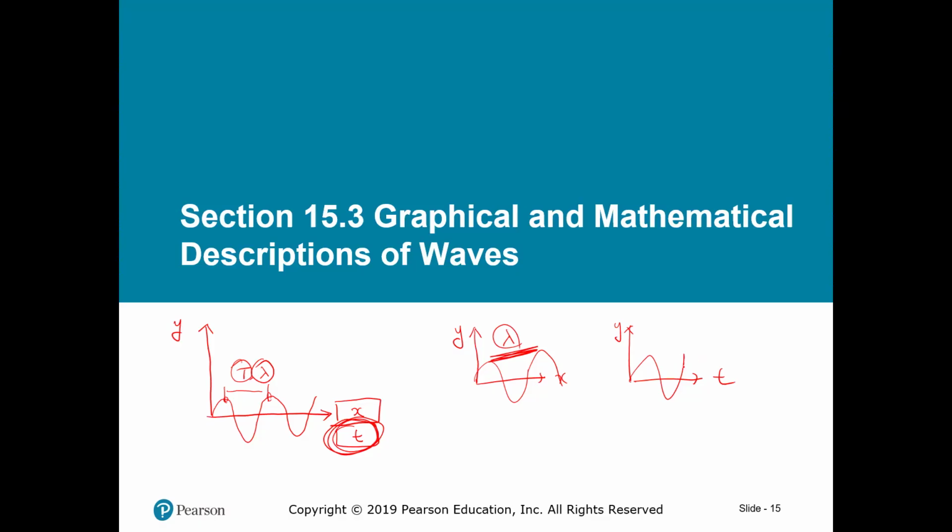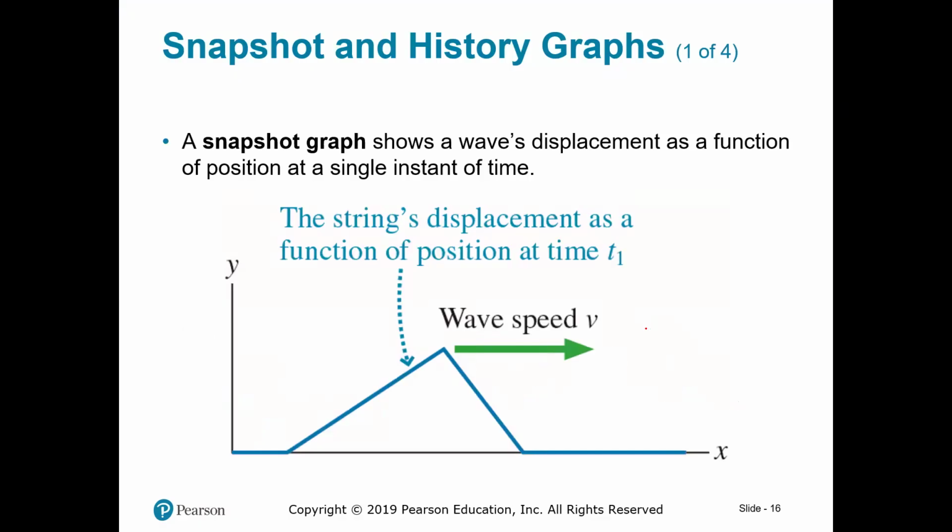And if this is a position versus time graph, then we call this the periodicity. Okay, I will explain briefly the differences between these two graphs, and the next lecture will go into more detail.